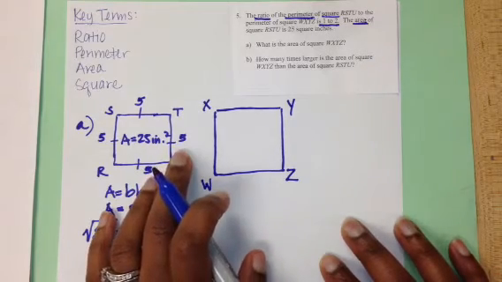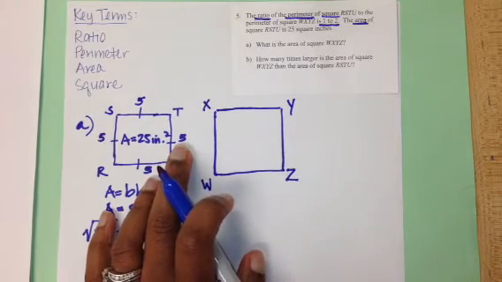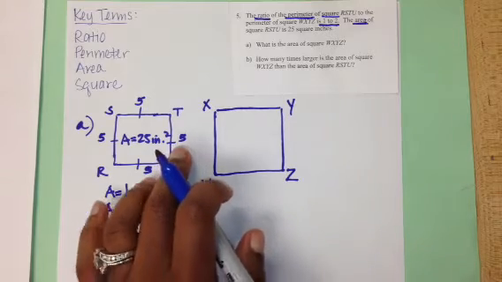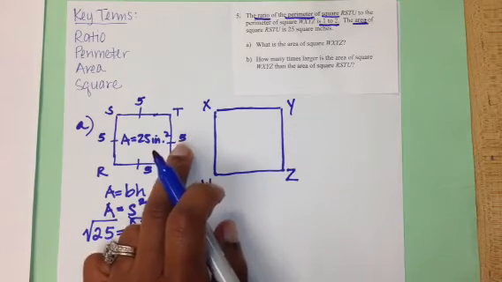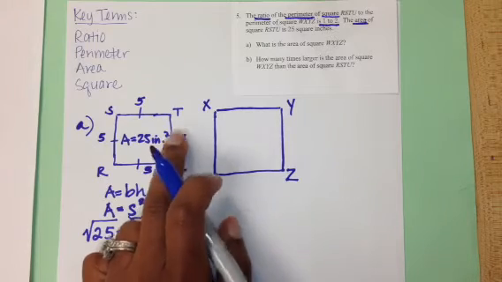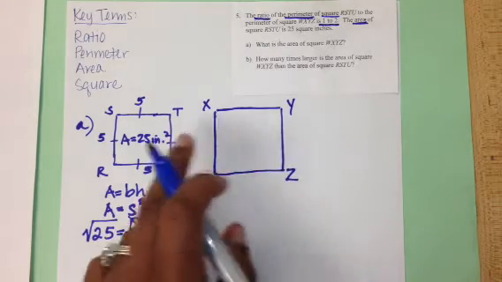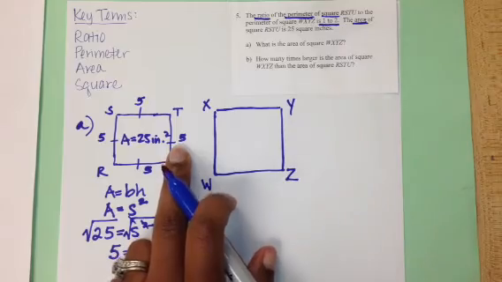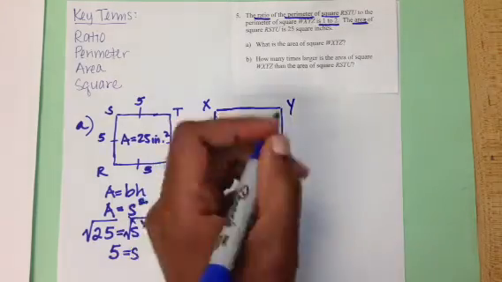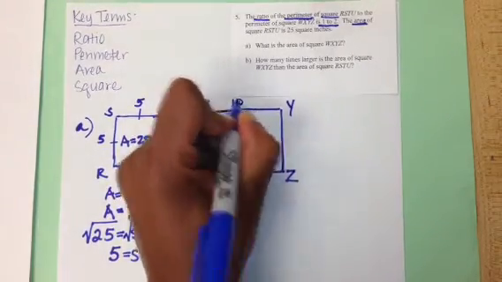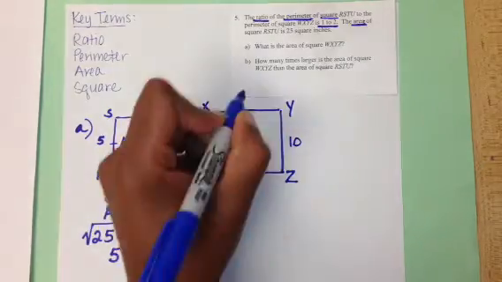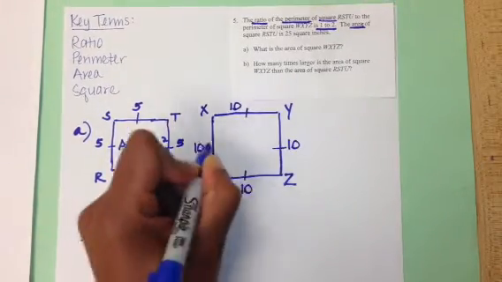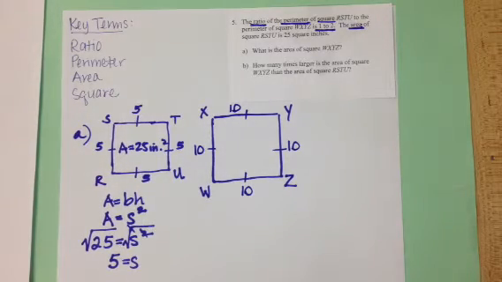So if RSTU's sides are 5, it's going to be twice as big. Twice as big as 5 would be 10. So the sides here would be 10. And remember, this is also a square, so all of the sides of WXYZ are equal.